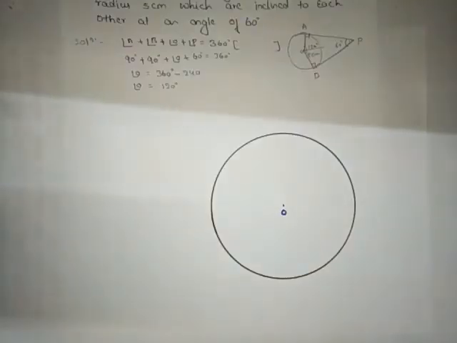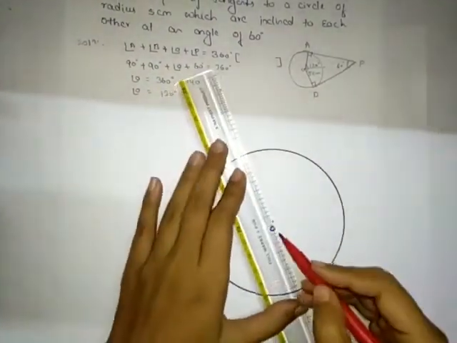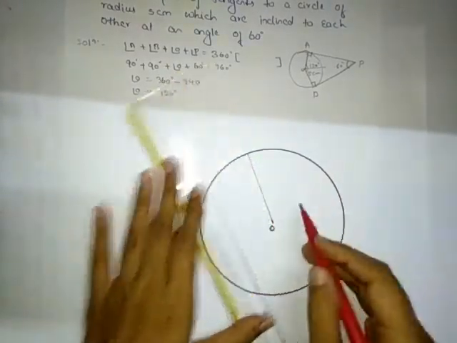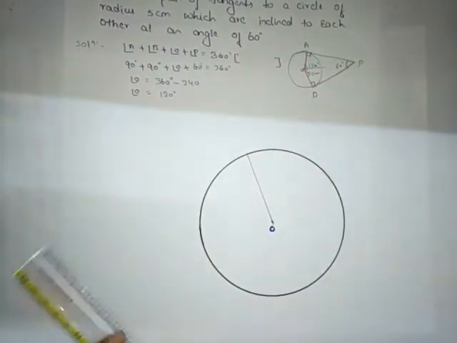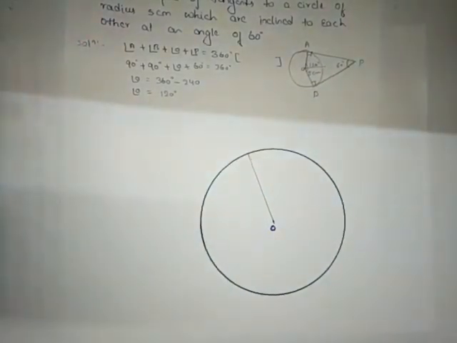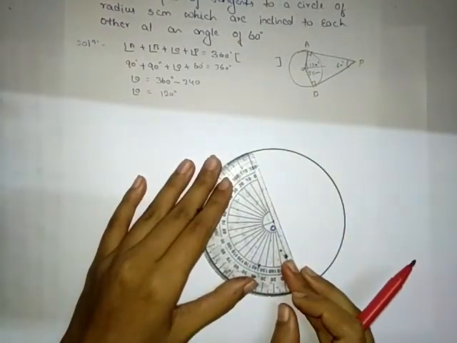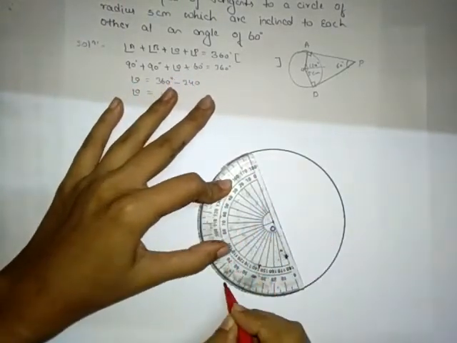Here I have drawn a circle of radius 5 centimeters. I will draw this radius. Now, as I told, first we need to mark an angle of 120 degrees. Right, for that, 120 degrees is here.